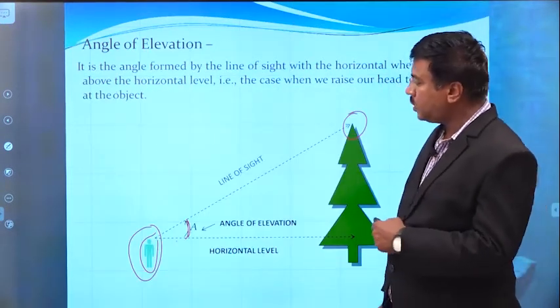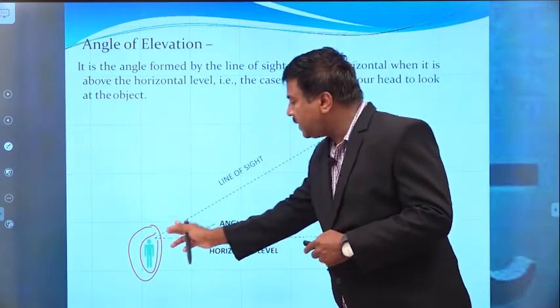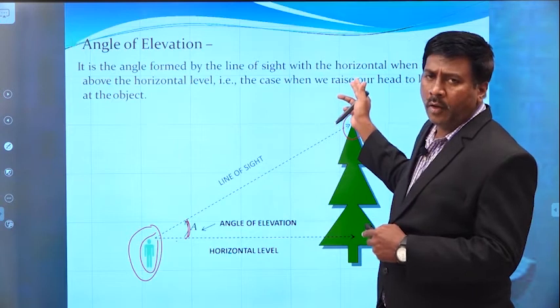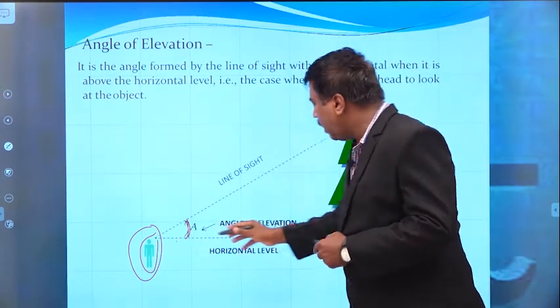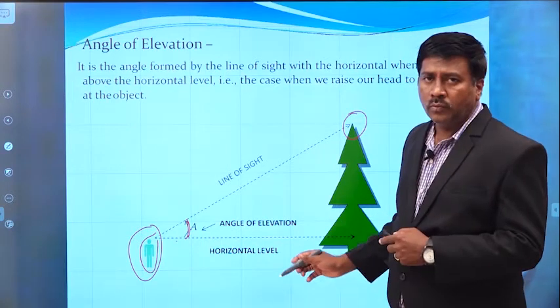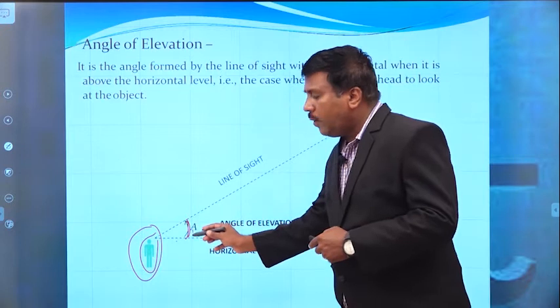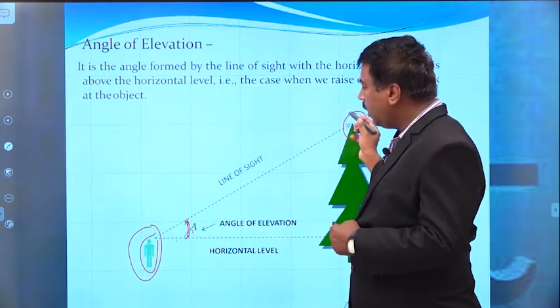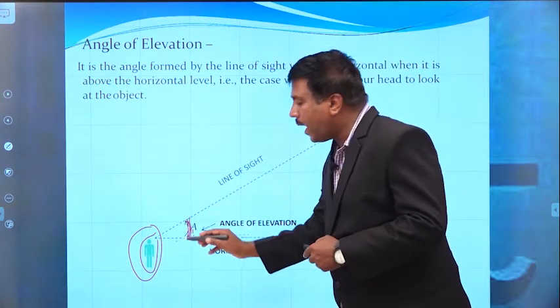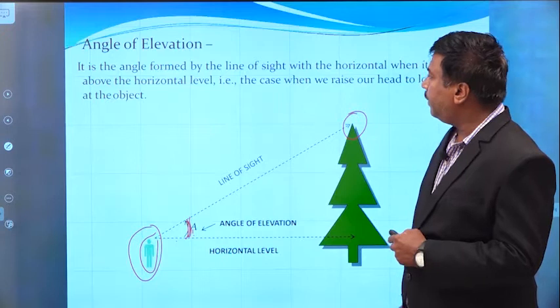Don't get confused about that. Angle of elevation means the person sees the top of an object. Therefore, here we have to consider an imaginary line through his eyes. Then the angle made between that imaginary line and the line to the object is formed. That angle you have to consider as the angle of elevation.